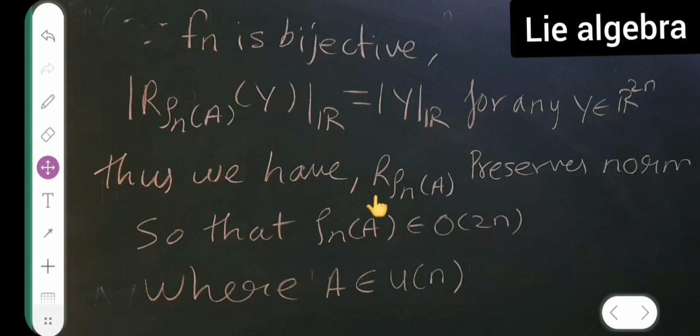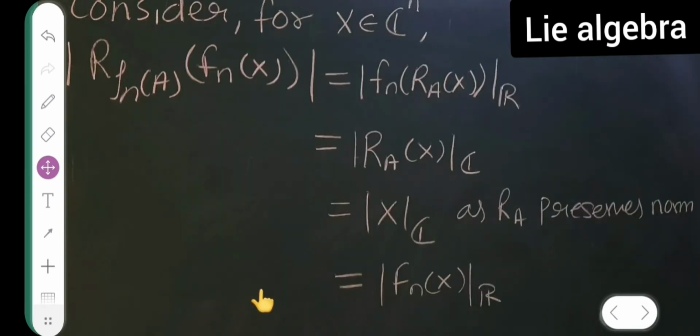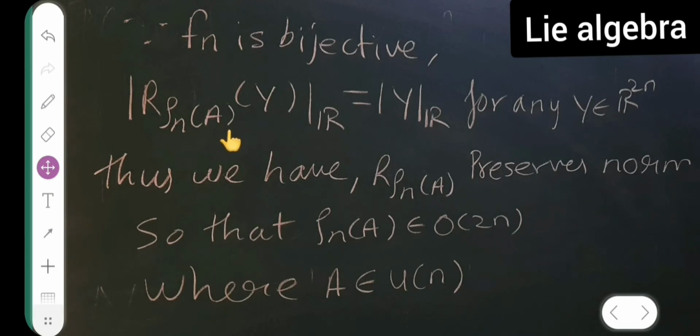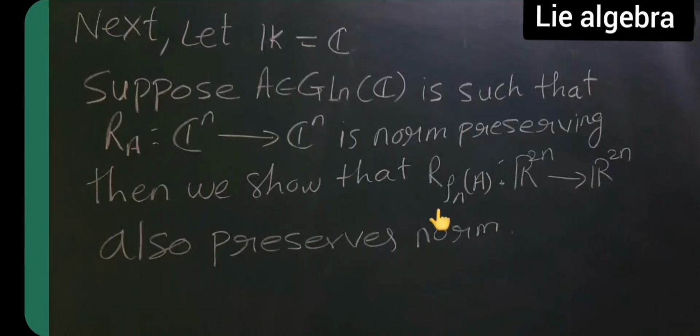Next, since fn is bijective, rho n of A of y has the same modulus as y, for any y belonging to R2n. Thus we have that rho n of A preserves the norm, so rho n of A belongs to O2n, where A belongs to Un. We showed that rho n of A also preserves the norm.